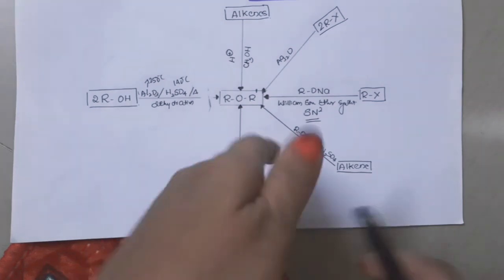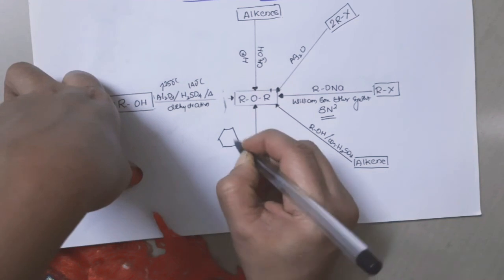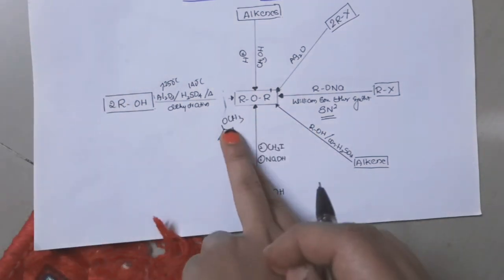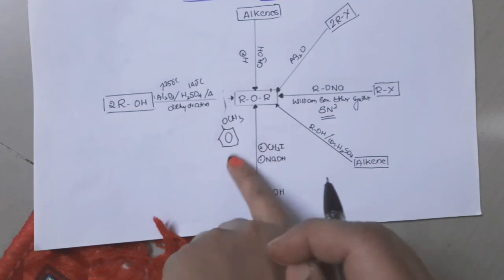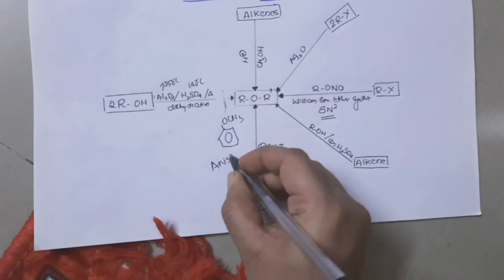Which ether will we get? If I take methyl iodide, dear students, I will get a compound called methoxybenzene. The name of the compound is methoxybenzene, and it is commonly known as anisole. This is how anisole is prepared.